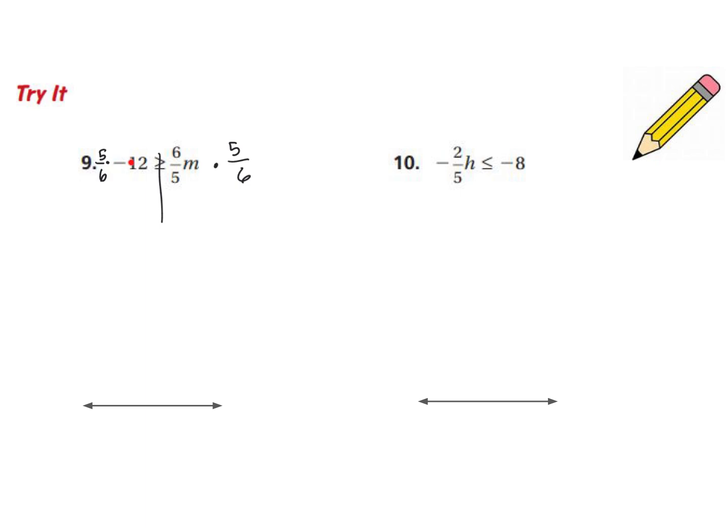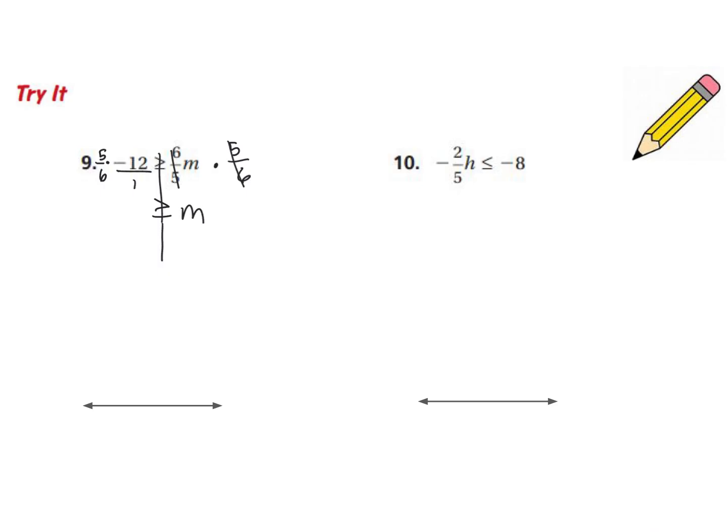Yes, there is a negative on negative 12, but that's not the number that I'm multiplying by. I'm multiplying by 5 over 6. So, because the number I'm multiplying by is positive, my sign remains the same. Only when I multiply or divide by a negative number does my sign flip. These cancel out. I'm left with m.